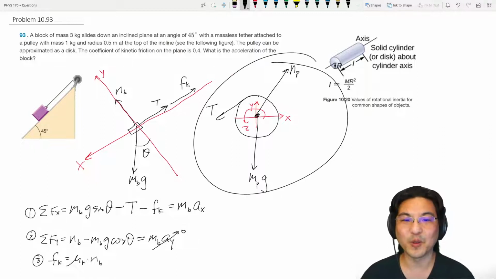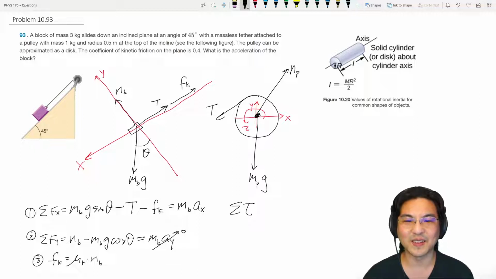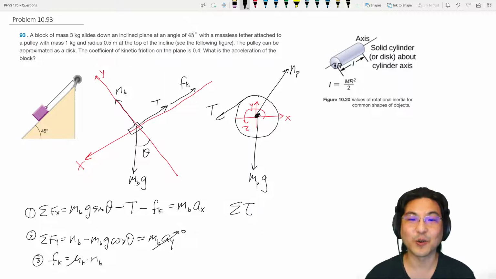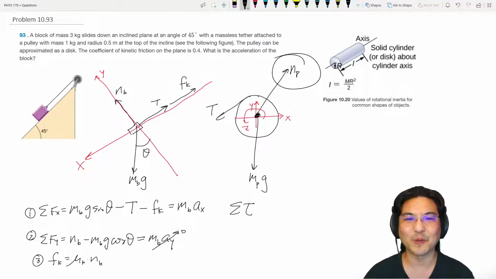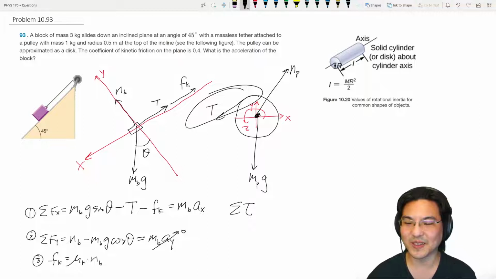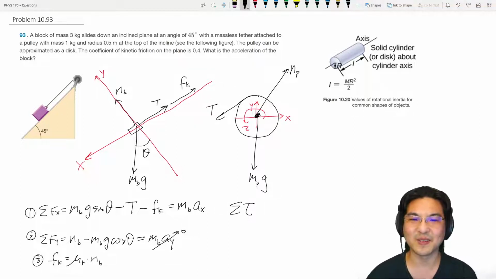Okay, now for the pulley, let's sum the torque about the origin here, and then z direction is counterclockwise. So the torque about this origin from the weight, 0. The torque about the origin from the normal force, 0. The torque about the origin from the tension would be this perpendicular distance, which is the radius.